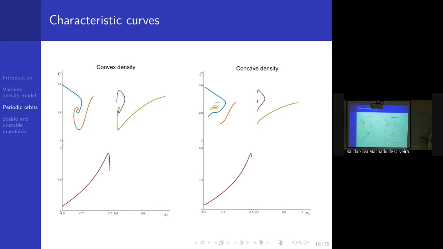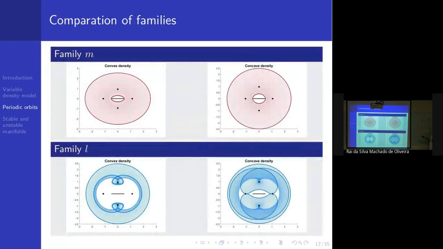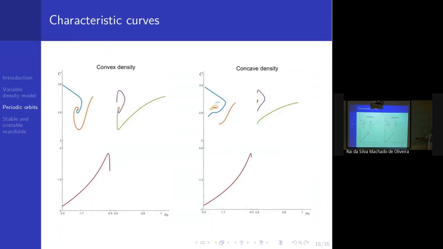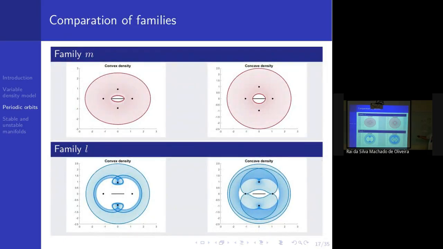Every family that appears here is marked with the same color as the families appearing in the concave density model, because they are the same family. The only thing is that they change the shape a little bit, as we will see. So let's see what the shape of those families is. For example, the red family, this one here, in both models corresponds to this family of periodic orbits.